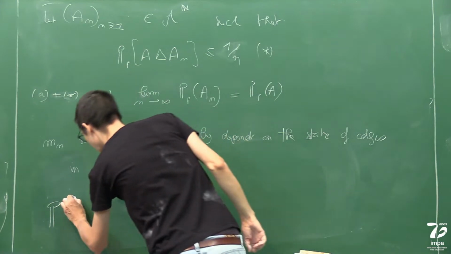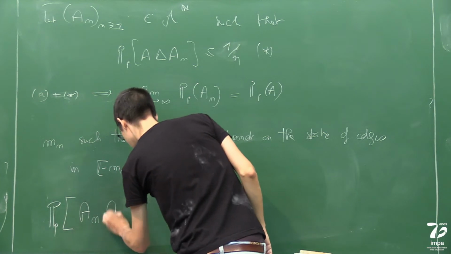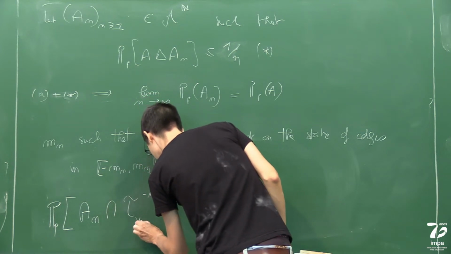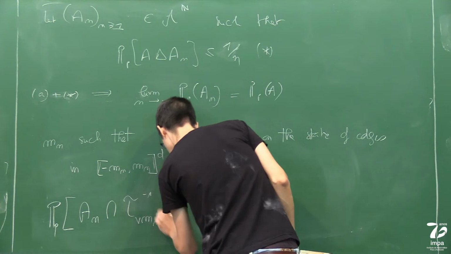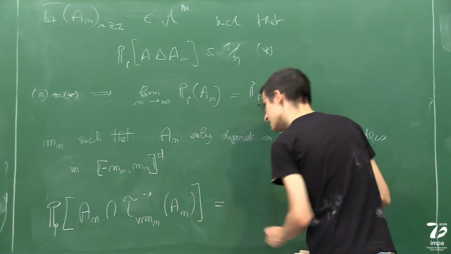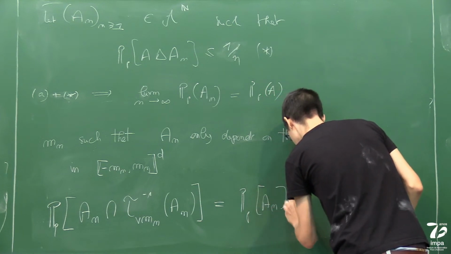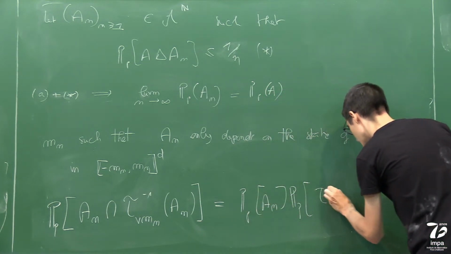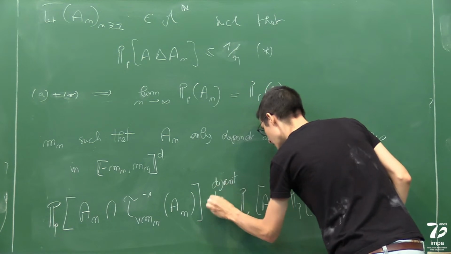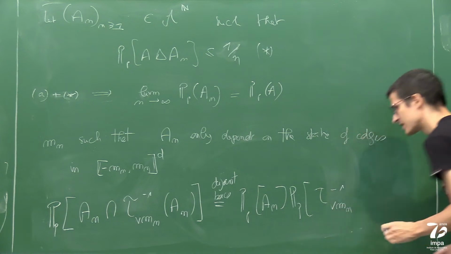So P_p(A_n ∩ τ_{-1}(v M_n) A_n) is equal to P_p(A_n) times P_p(τ_{-1} A_n).